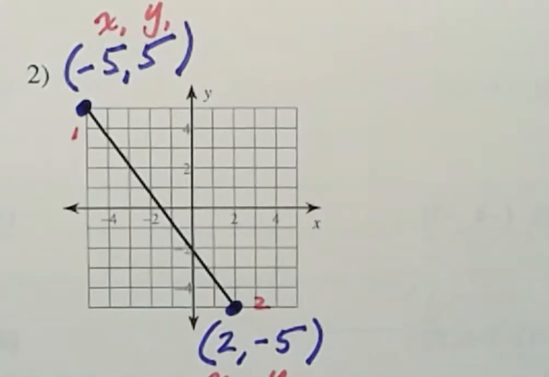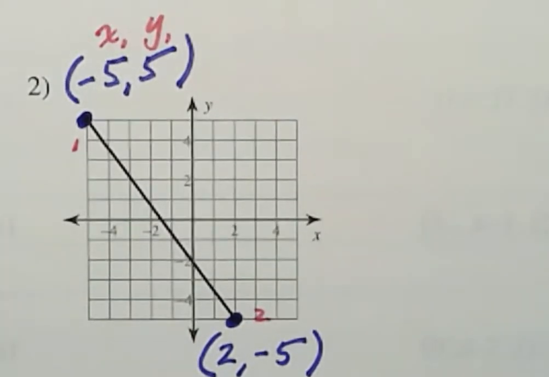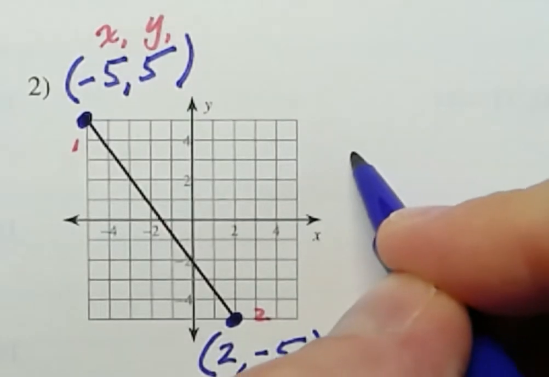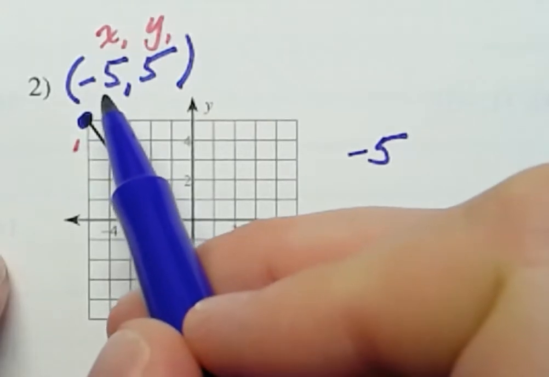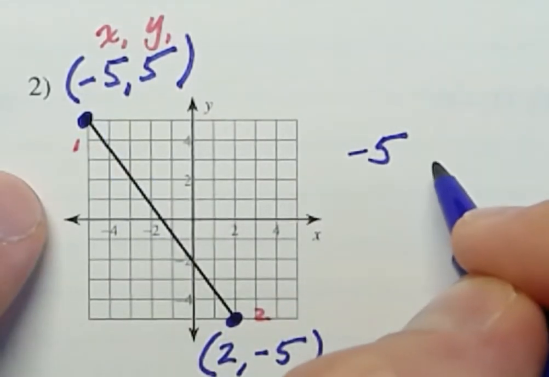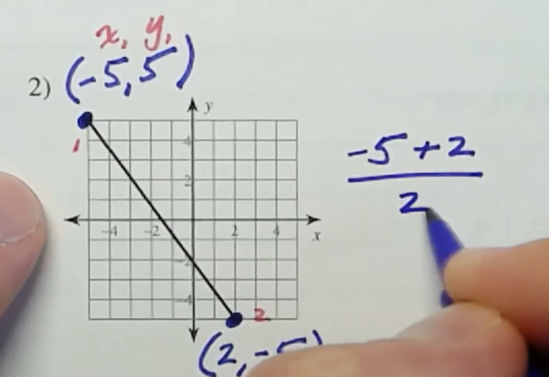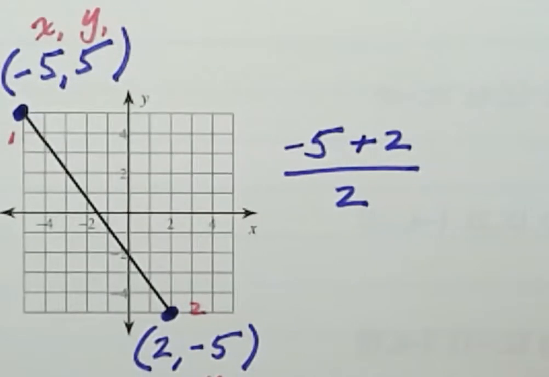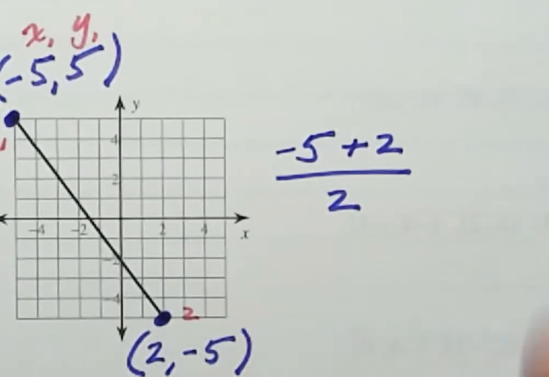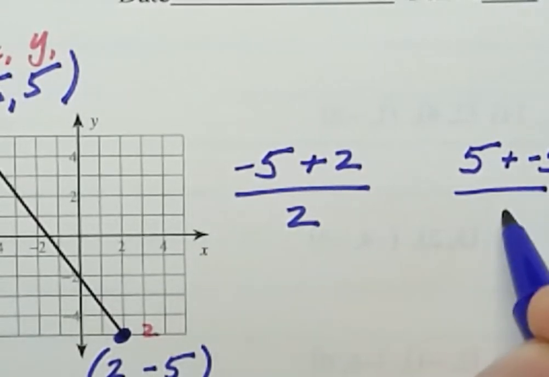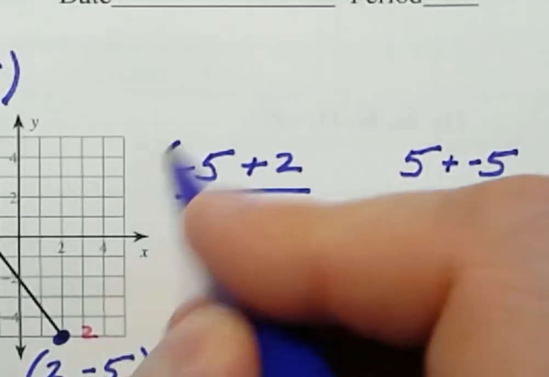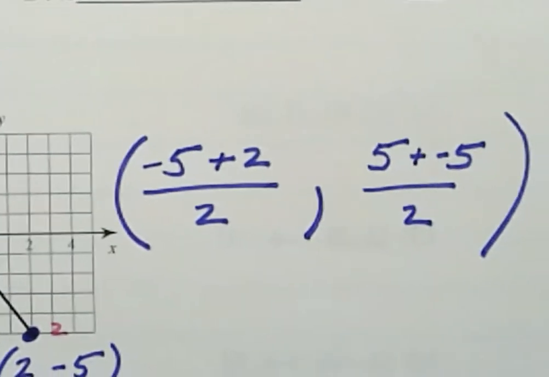The midpoint formula says that we take x1, which is this -5 right there, x1 plus x2 over 2. And it says that we take y1 plus y2 over 2. And it says that we turn this into a coordinate.